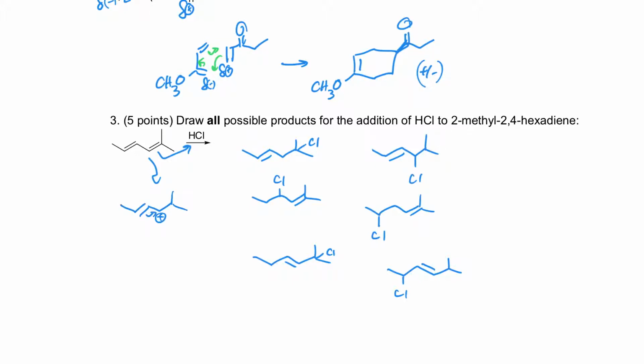That is one of them, of course. And the other one, I'll use green in this case, would come from the other alkene. This is one of those cations, and then this one would be the resonance stabilized.